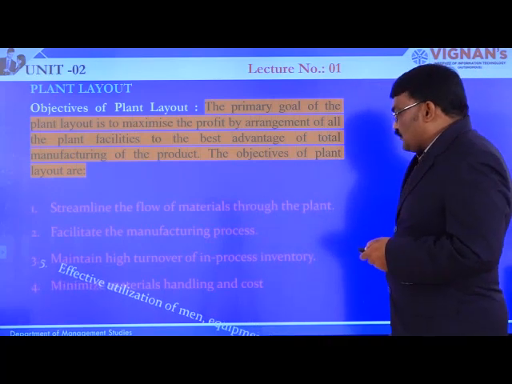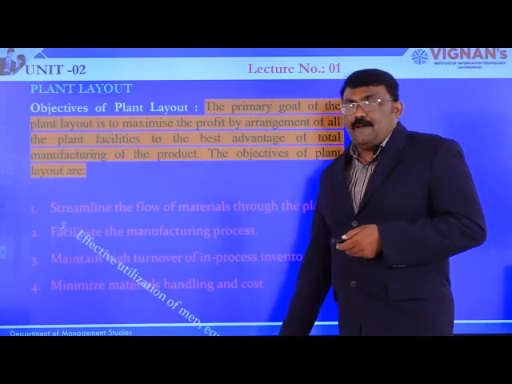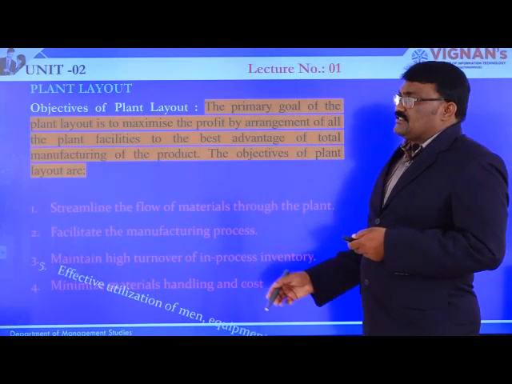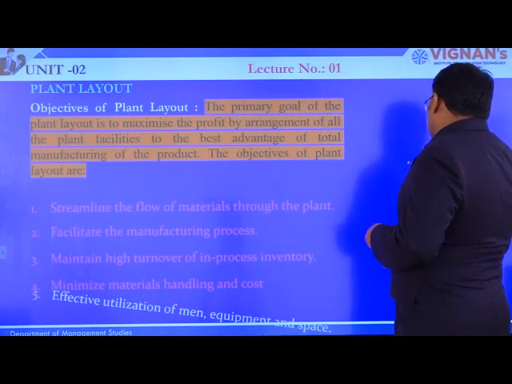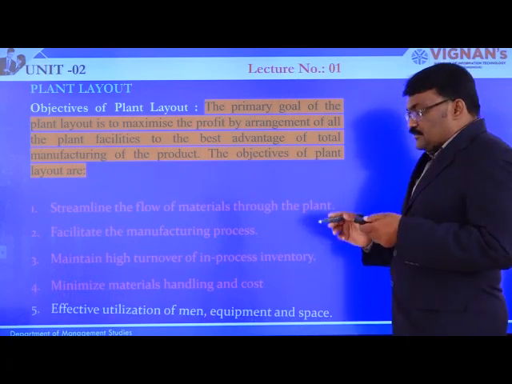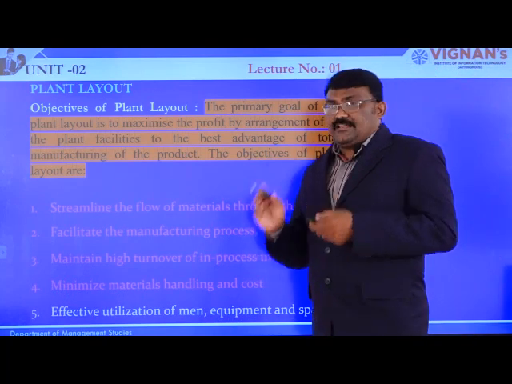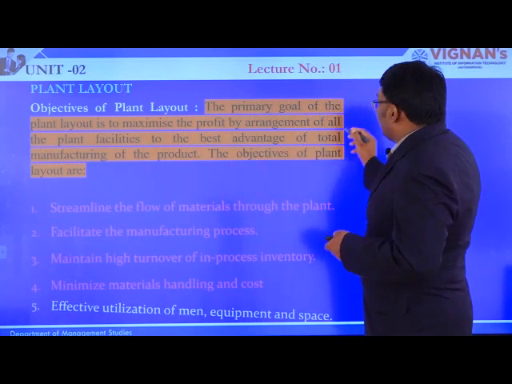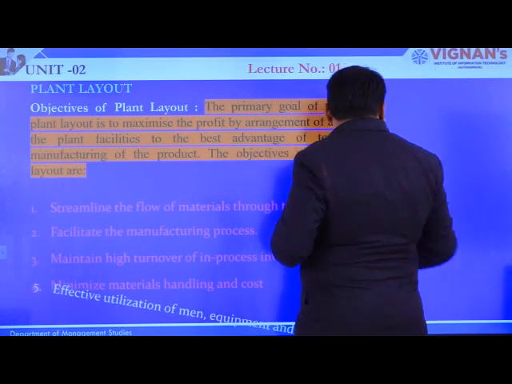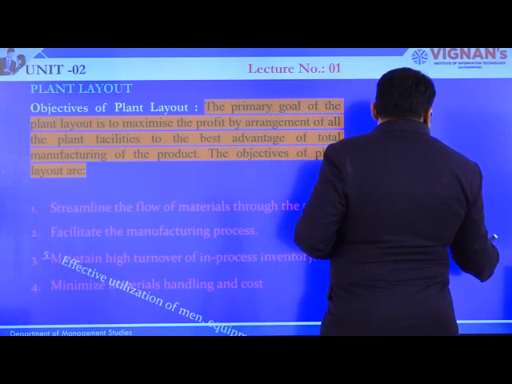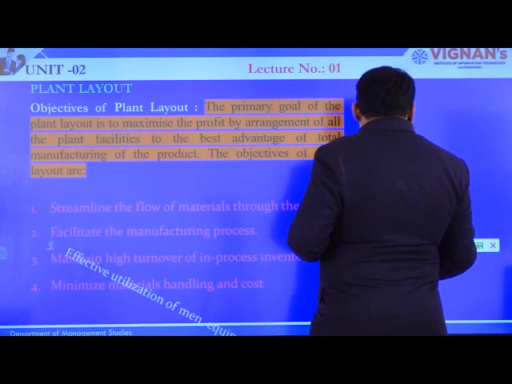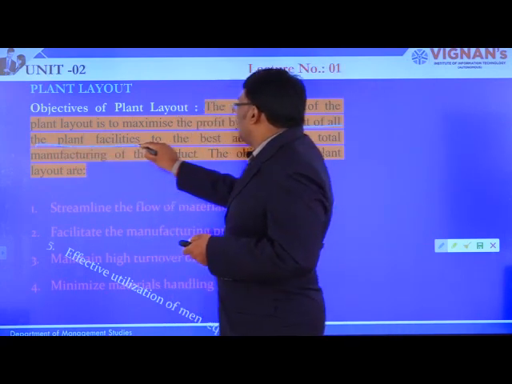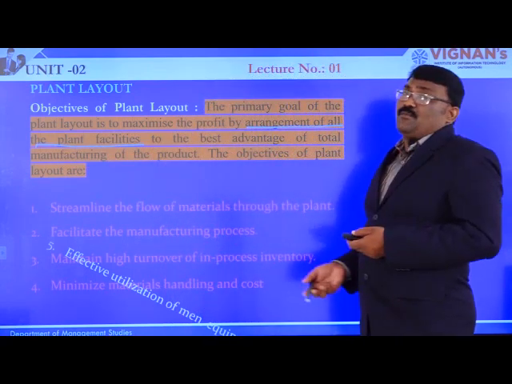Now, coming to the last one, effective utilization of men and other parameters. What is effective utilization? The utilization of men, equipment and space should be the highest, with the arrangement of all the parameters in such a way that the plant facilities are being used at the maximum optimum level.